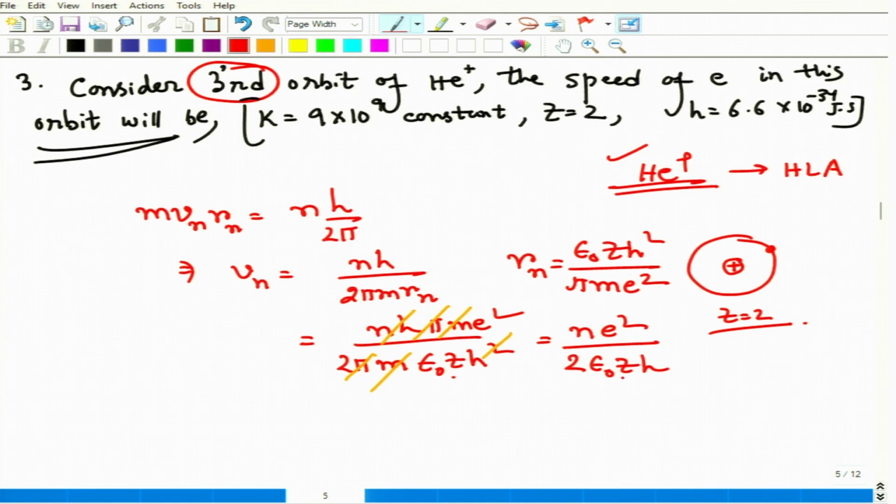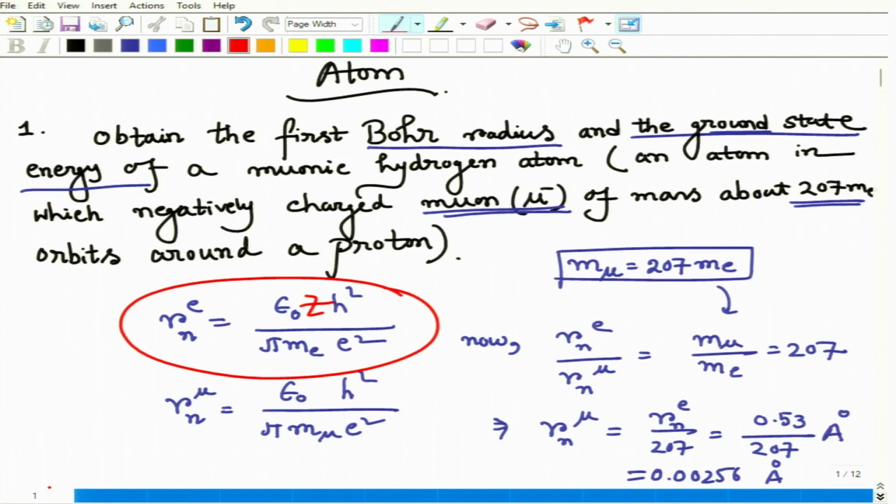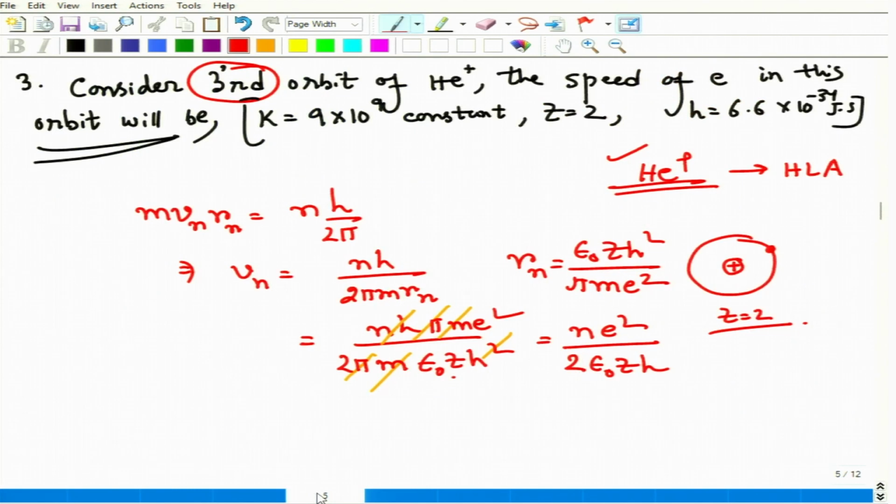But here there should be an n square. Here is also n square, I think, in r_n. If you use the original formula, there will be n square. This formula is for the first Bohr orbit, for n equals 1. Otherwise there should be n square here.